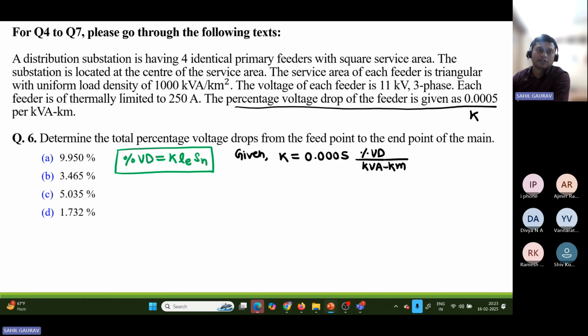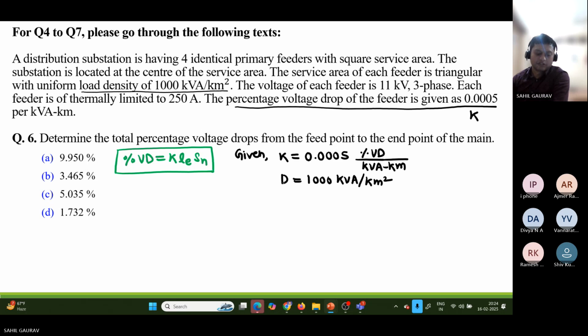And the uniform load density is given as 1000 kVA per kilometer square. So D is given as 1000 kVA per kilometer square.